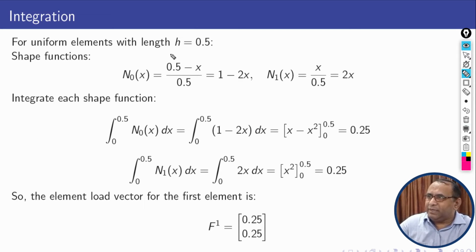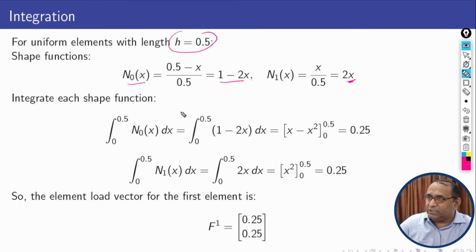Now the uniform element length h we have is 0.5. The first shape function N0(x) will be equal to (0.5 minus x) upon 0.5, and after simplifying we will have 1 minus 2x, and N1(x) will be equal to x upon 0.5, which is 2x.